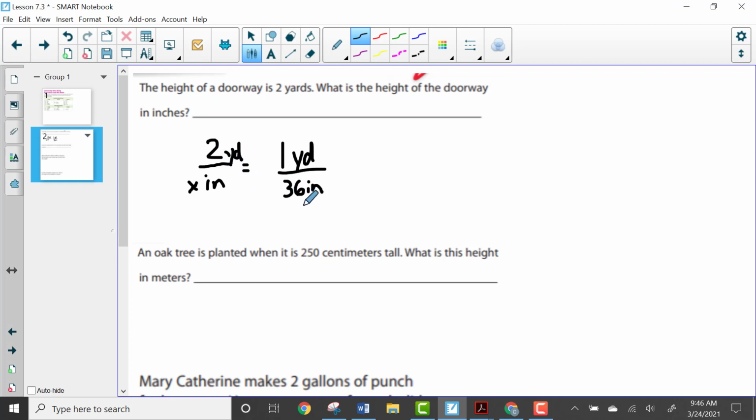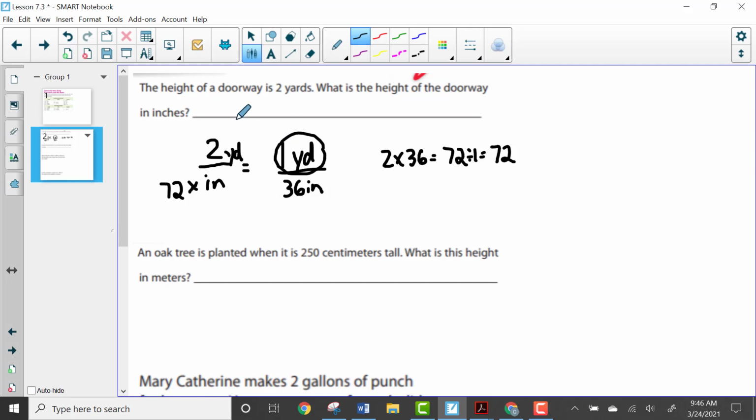If you remember from the previous lesson, we cross multiply. So we have 2 times 36. That's going to give us 72. And then we divide by that other number. Since we only have 1 yard here, we're just going to divide it by 1. We'll keep this process going so we don't forget what we need to do. That's going to give us 72, and that'll give us this missing number right here.